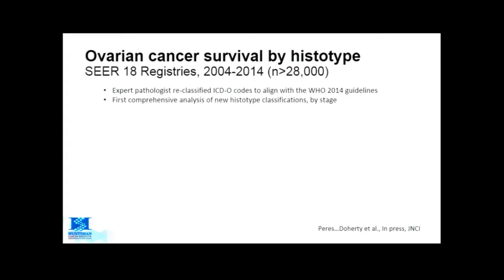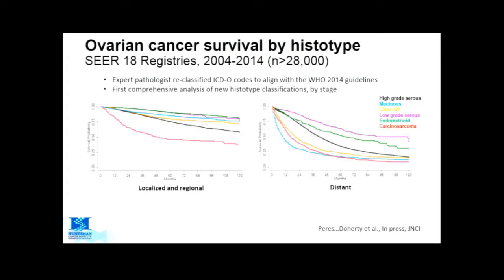So what we have done in my group is we got together with our pathologist colleagues who've been involved in developing these guidelines, and we sat down with them and with the SEER data, this is about 28,000 ovarian cancer cases, and reclassified the ICD-10 codes as best we could.